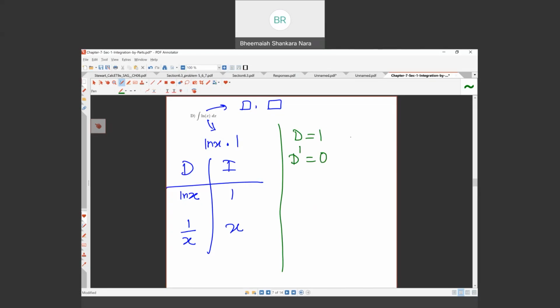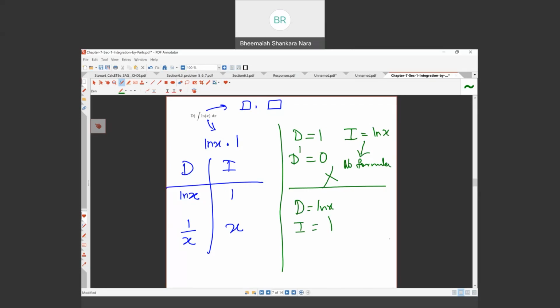And the possible choice for I will be ln x. But if you try to integrate ln x, we don't have an ln x integration formula. So we'll not be able to choose d is 1 and I is ln x. So the only choice, d is ln x and I is 1. So this fails. So we go for d ln x and integral is one choice.